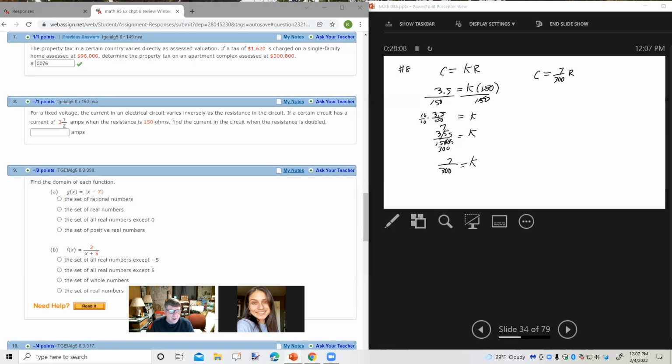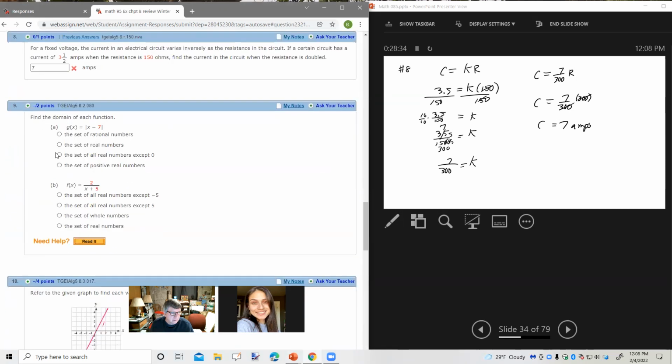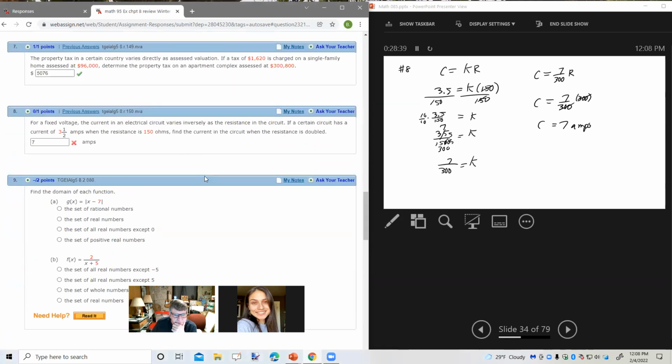Find the current in this circuit when the resistance is doubled. So now the resistance is going to be 300. Oh, I like where this is going. Okay, let's see, 7 amps. I'm just having a bad day, aren't I?